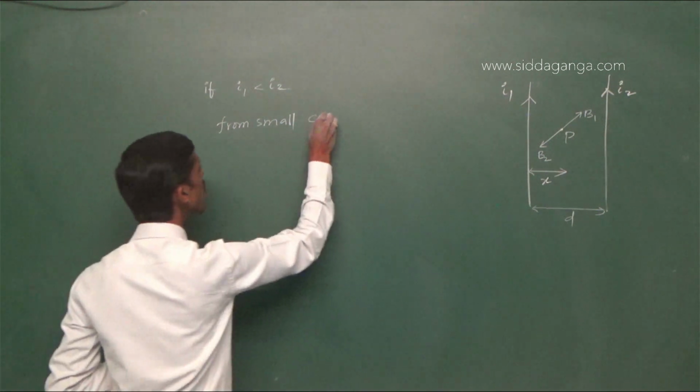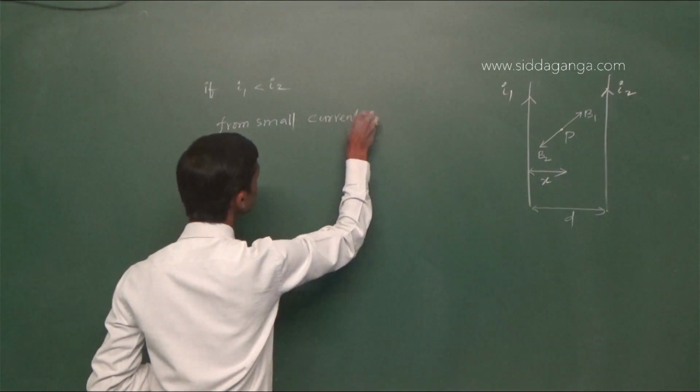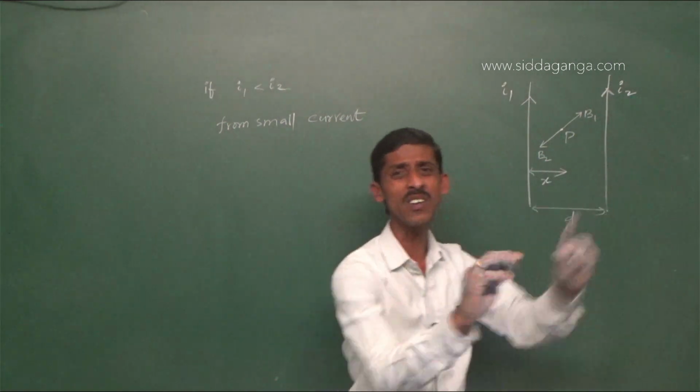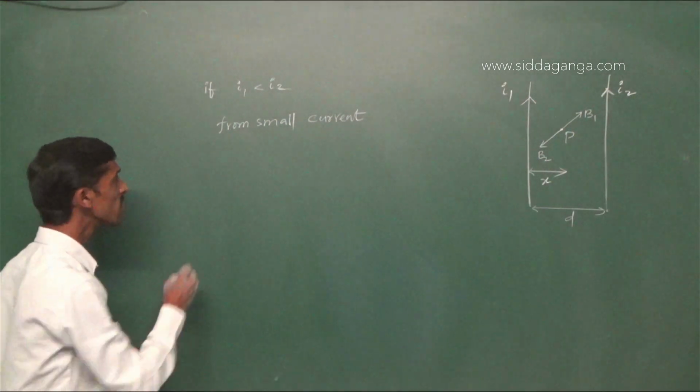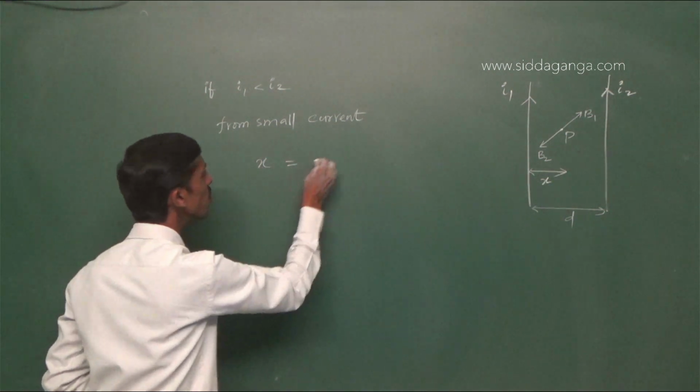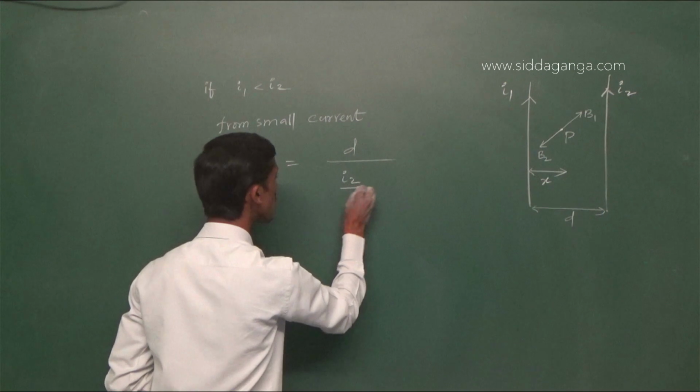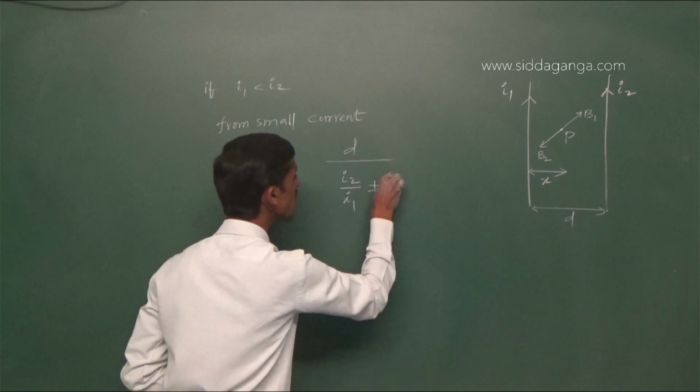Otherwise, from small current; take first large current and second small current, however you like, you calculate from small current. So x is equal to d divided by, where d is the distance between the two wires, I2 large current divided by small current, plus or minus 1.